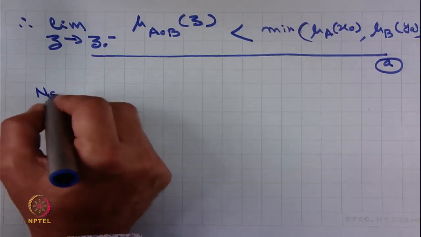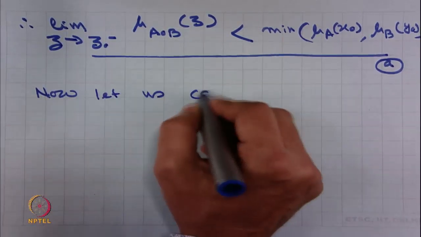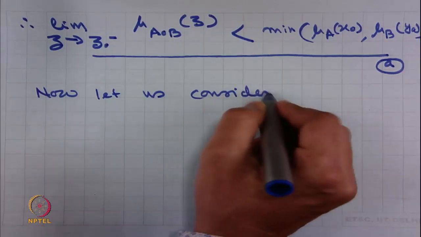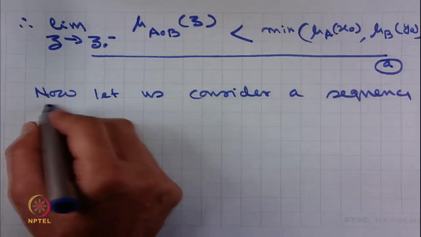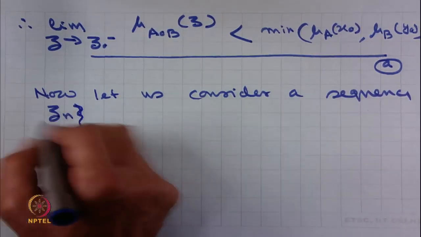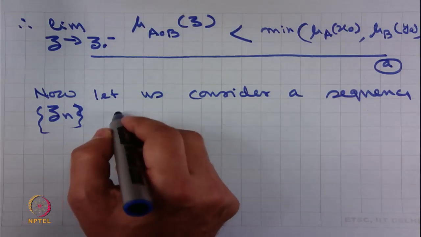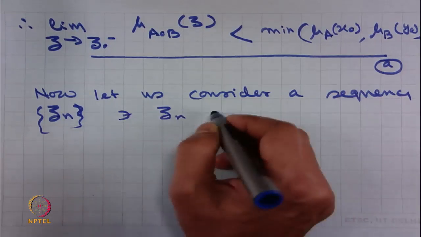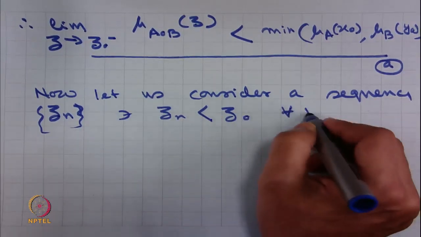Now, let us consider a sequence Zn such that Zn is less than Z naught for all n.